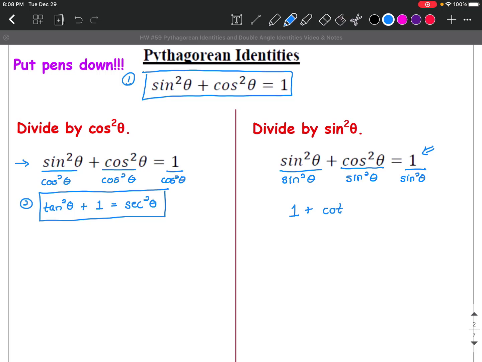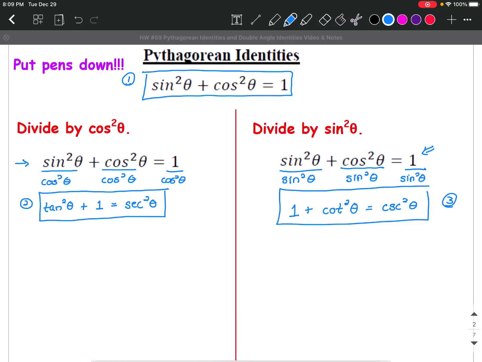So cosine squared theta over sine squared theta is cotan squared theta. And 1 over sine squared theta would be cosecant squared of theta. And here is the third of your Pythagorean identities. So there are 3 identities that we'll be using. Okay, and they all come from that first one.